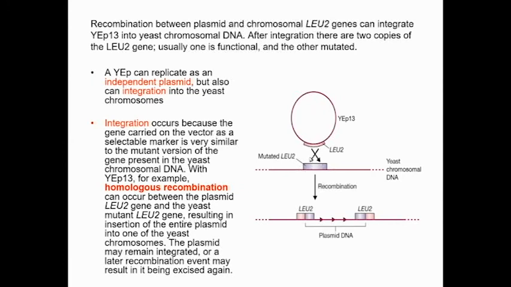So they can replace, let's say, the mutated LEU2 with the correct LEU2. After the recombination, they can swap these two pieces, all right? And that's called homologous recombination. And this is the principle normally people use to knock out the gene specifically, okay?